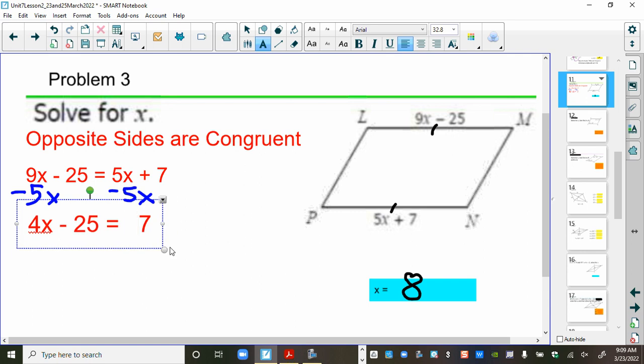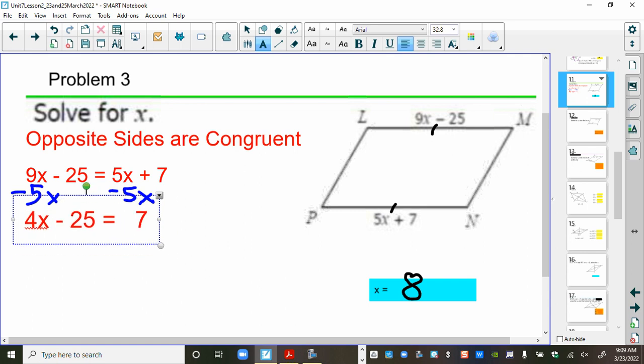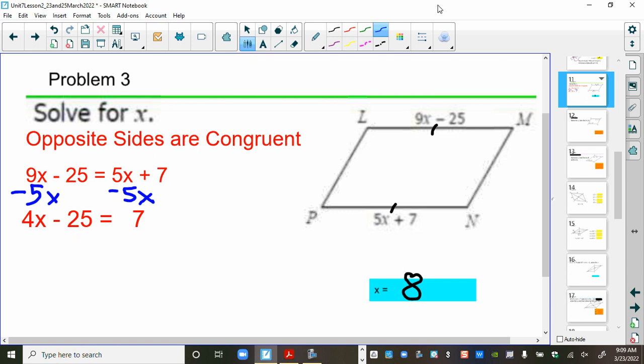Okay, what's next? Who can tell us what's next? Yep, so we have to add 25 to both sides. Again, this is algebra 1.